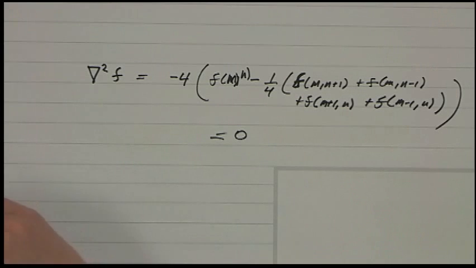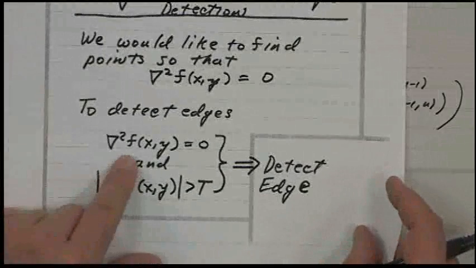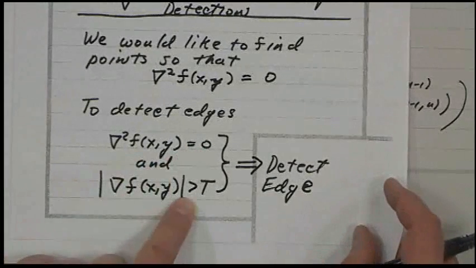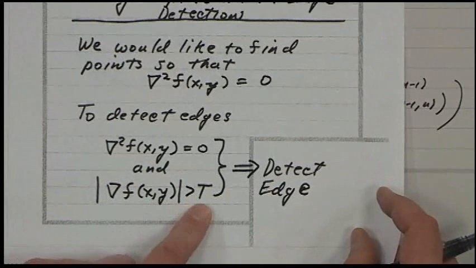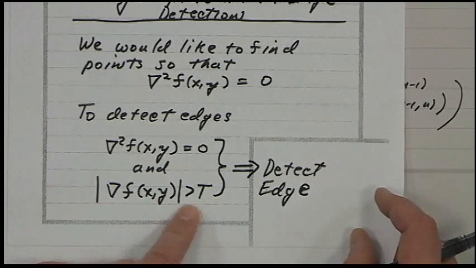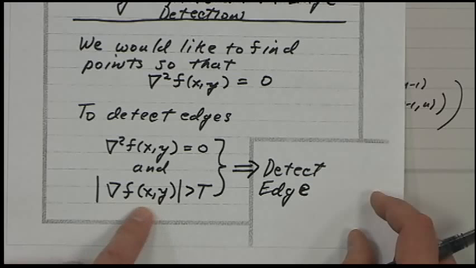So to do edge detection, you set the Laplacian to 0, and you check to see that the magnitude of the gradient is greater than some threshold. Now, when you compute the magnitude of the gradient, this requires a square root, because you have to take the square of each component of the gradient and take the square root.